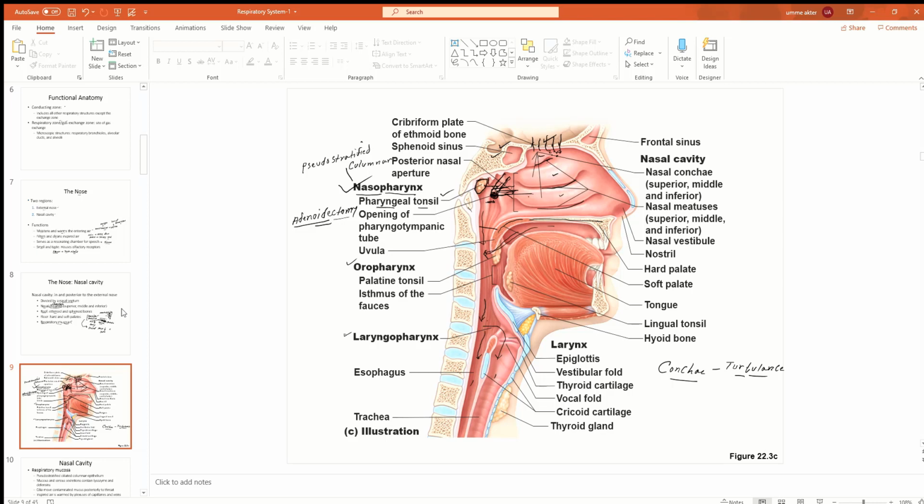Okay, you must remember that pseudostratified columnar, if you remember from ANP1, looks like multiple layers but actually is a single layer because the height of the cells is different, right?